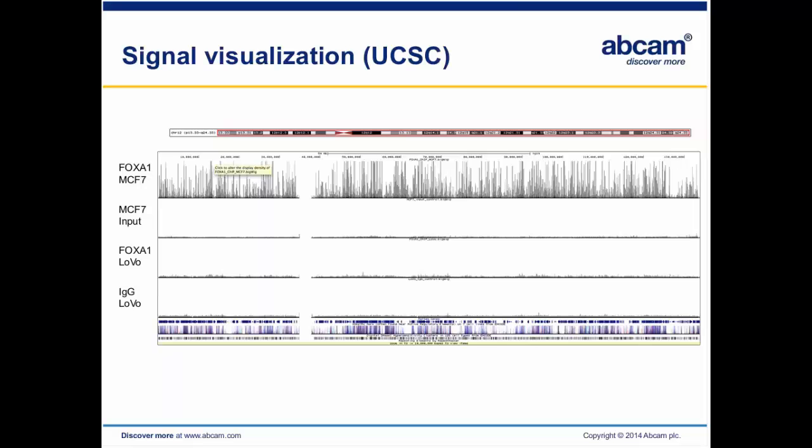There are only a few very small peaks. Now, this is a clear indication that the FOXA1 novo ChIP experiment failed, or at least it is not optimal. So that's how you can judge the quality of the data visually. The next step is to identify enriched motifs within the binding sites.